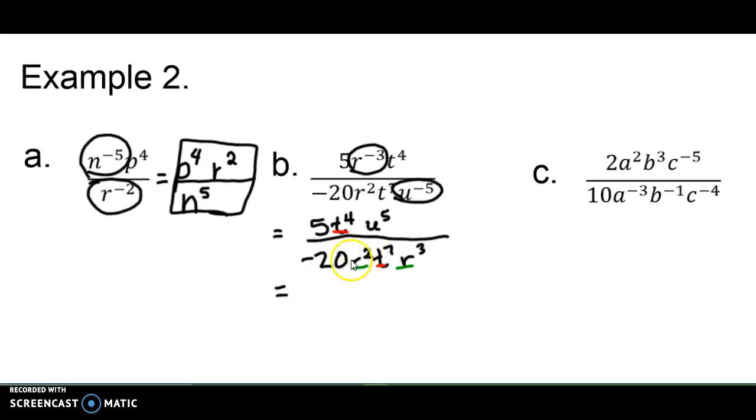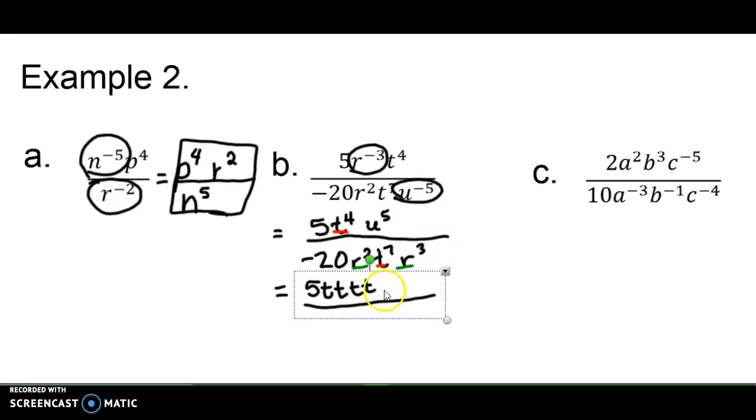Okay, so I'm going to start with the t in the numerator and t in the denominator. I know that if I were to write this out, I would have 4 t's. Actually, let's just write this out. What we have on the top is 5. T to the 4th is the same thing as t times t times t times t.